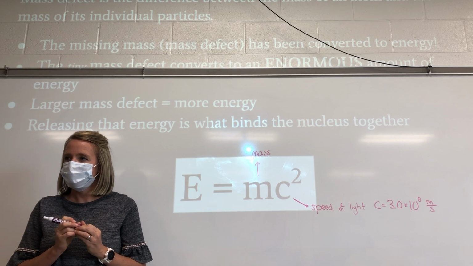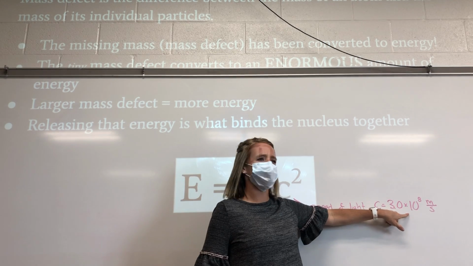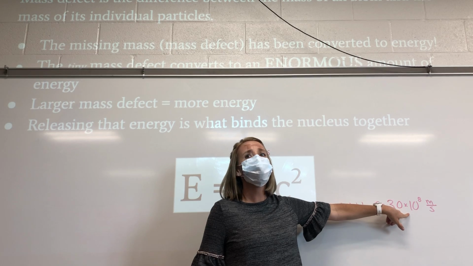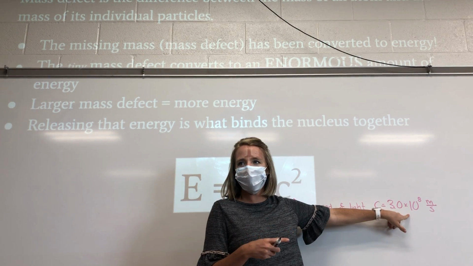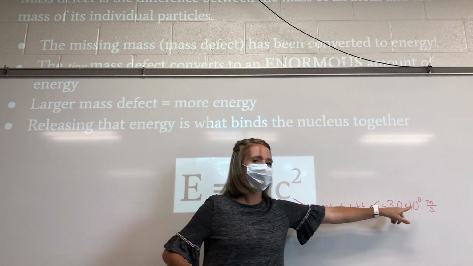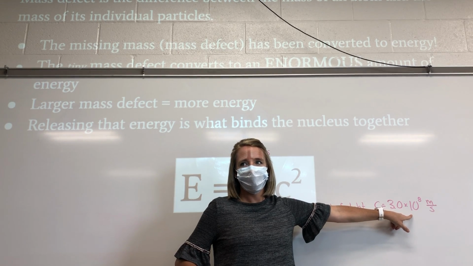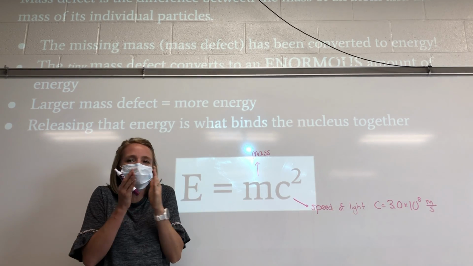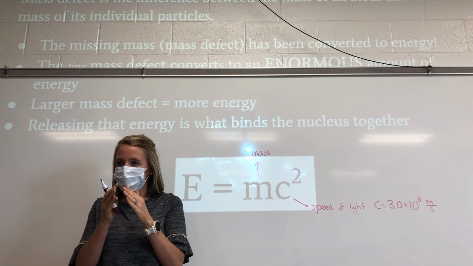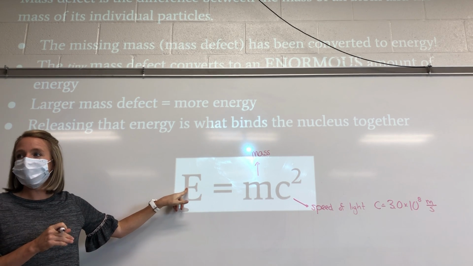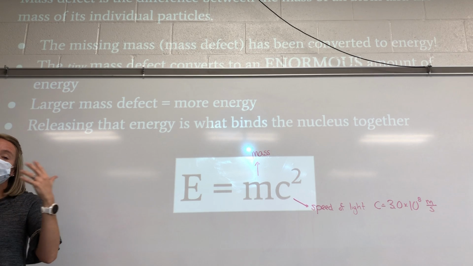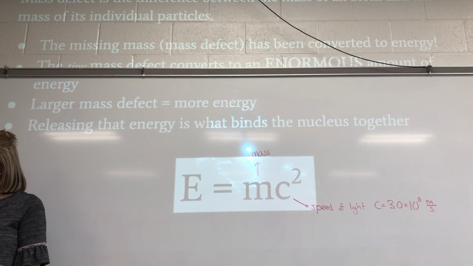Is this number a big number or a little number? Pretty giant. Very big. So in this equation, we are squaring this number. So even if m is really, really small, the E, the energy that comes out, is tremendous.